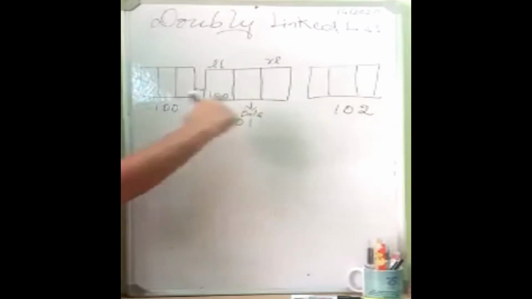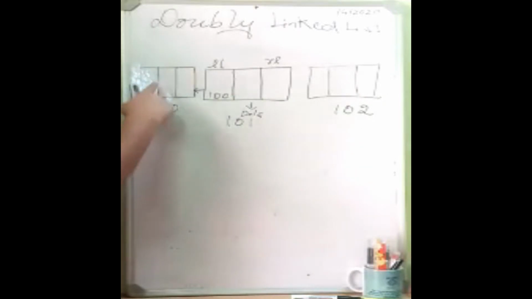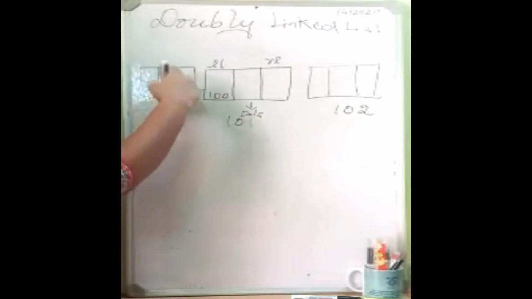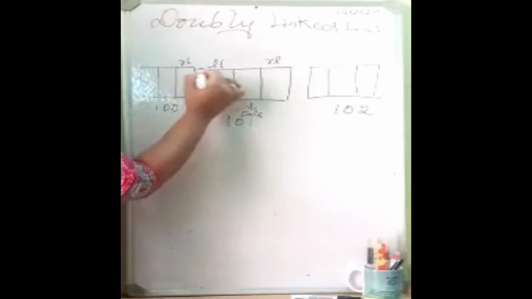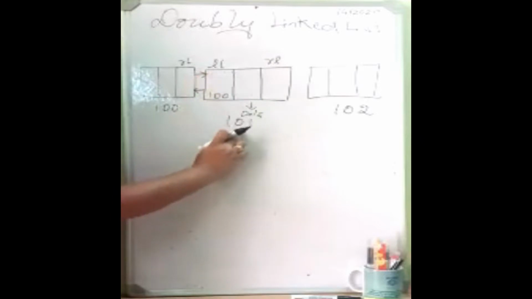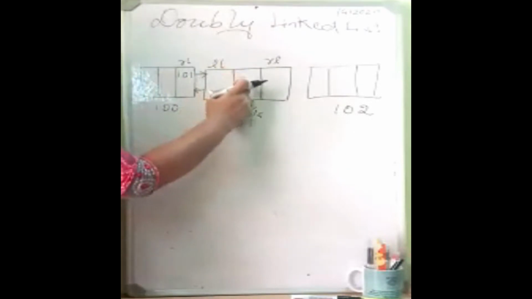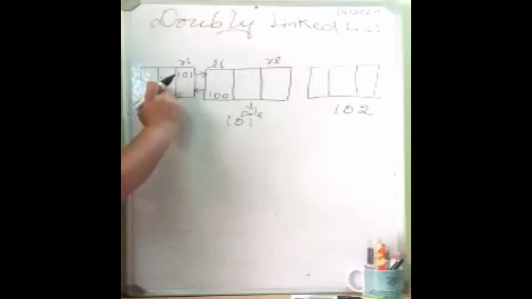And as I told you, this is bi-directional. You can move forward as well as backward. In the same way, this node's right link holds the address of the next node. What is the address of that node? 101, right? So from here you can move to this node, and from here you can move to the next node.